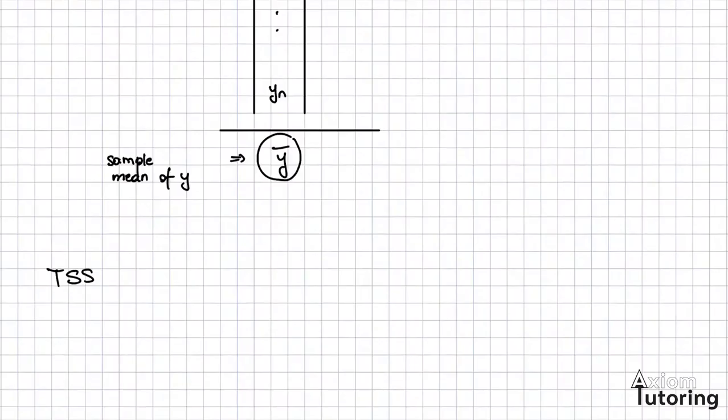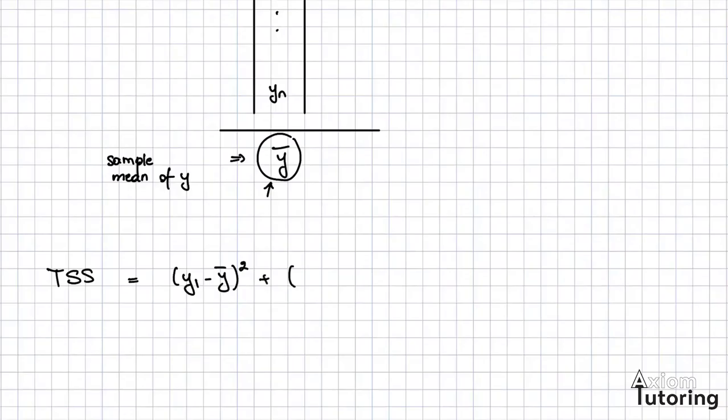The total sum of squares is going to be explicitly a sum of the difference between your true observed y and this benchmark, the mean that we just had here. So for the first observation, we've got y1, the distance from y bar. And because we're talking about distance and variation, everything is going to be squared.